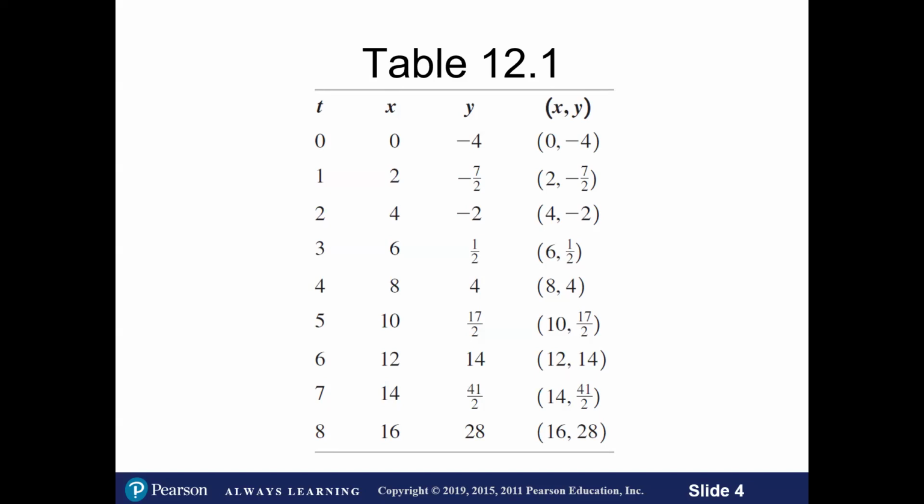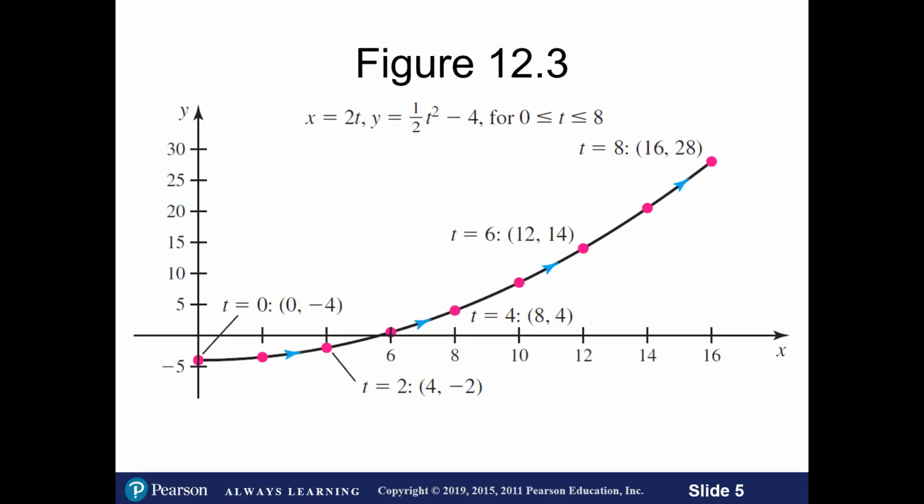We plug in 0 for t in the x of t and y of t equations, and we would get the point (0, -4). Or we'd plug in t equals 1, and we get the point (2, -7/2), and so on all the way until we get up to 8. We get (16, 28).